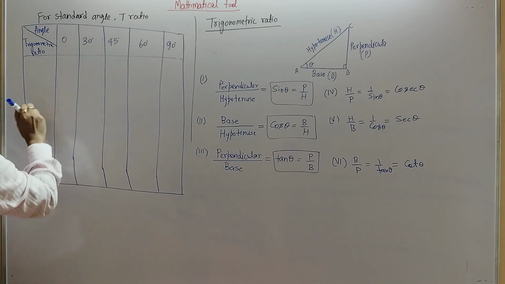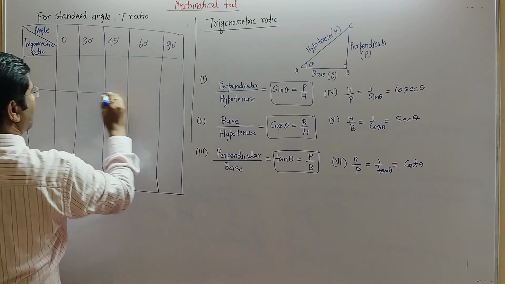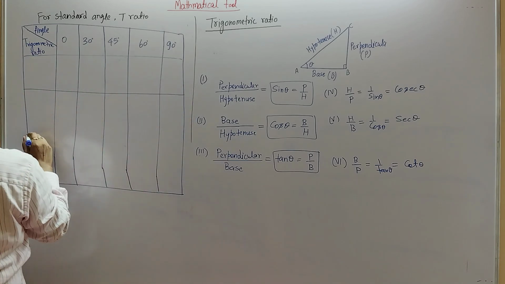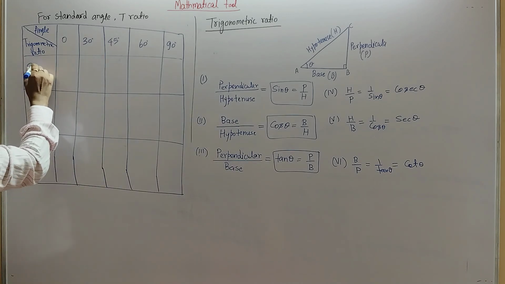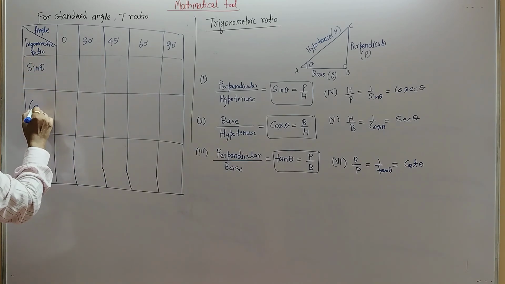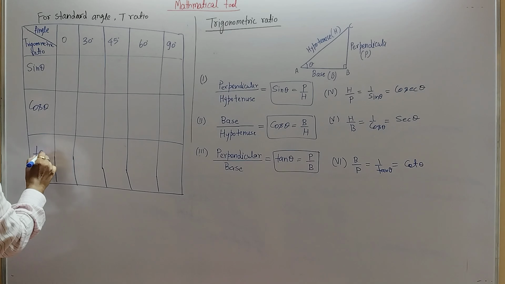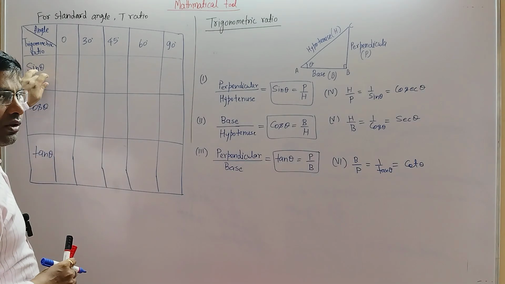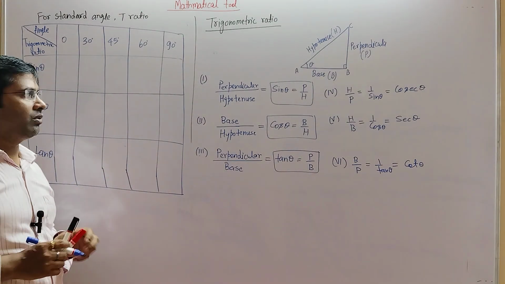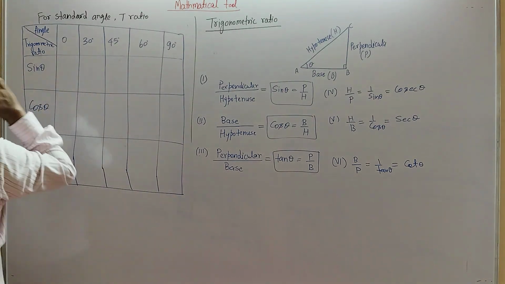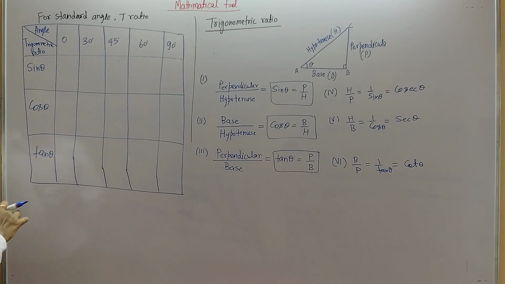I will not write all 6 T ratios, only 3: sin theta, cos theta, tan theta. If you want to find cosec theta, you just calculate sin theta and take its reciprocal.